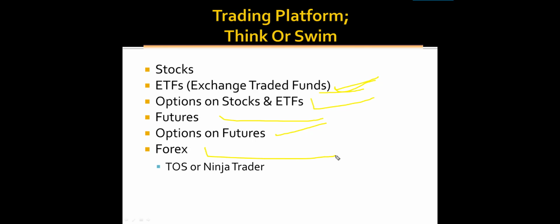Now, some people like to trade Forex. Forex is great because both Forex and futures are open 24 hours a day. And what's nice with Forex is that when you're ready to paper trade, after you paper trade, you want to go with live money, which is a good exercise. Because once you go with live money, you can see how emotions come up very quickly.